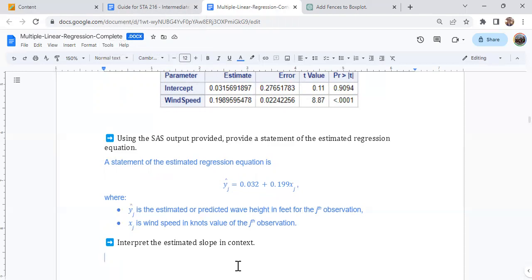For every 0.199 knots increase in wind speed, the wave height increases by 0.032 feet. Yeah, really? Okay, so let's see. For every 0.199 knots increase in wind speed. Great, yeah.